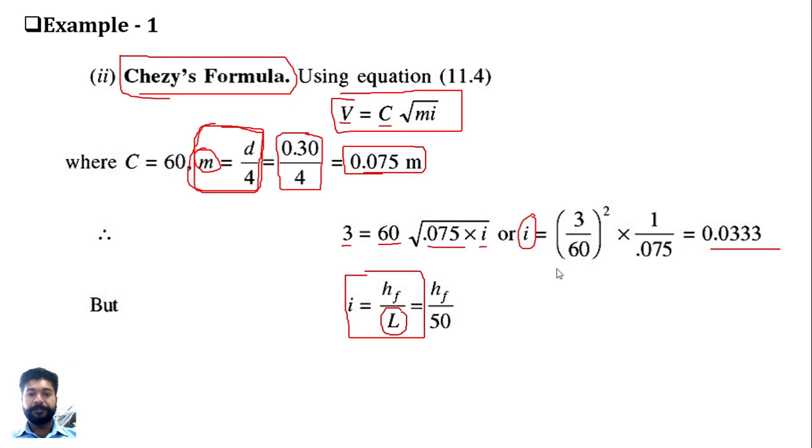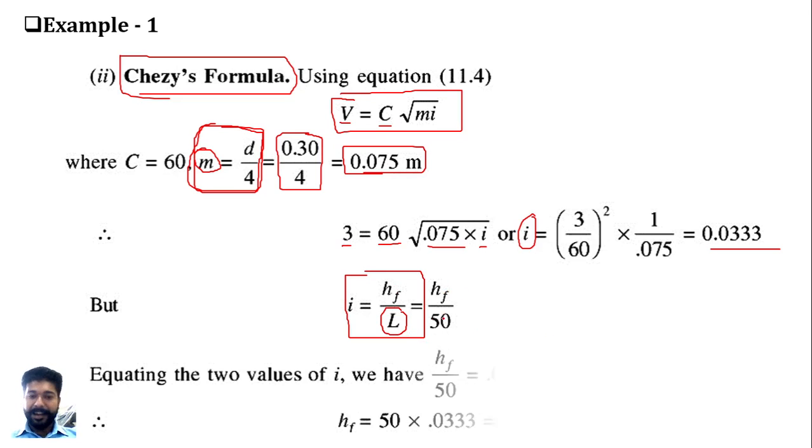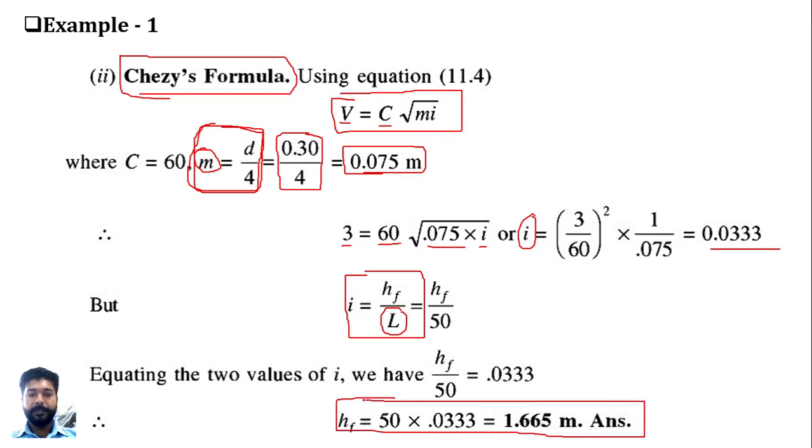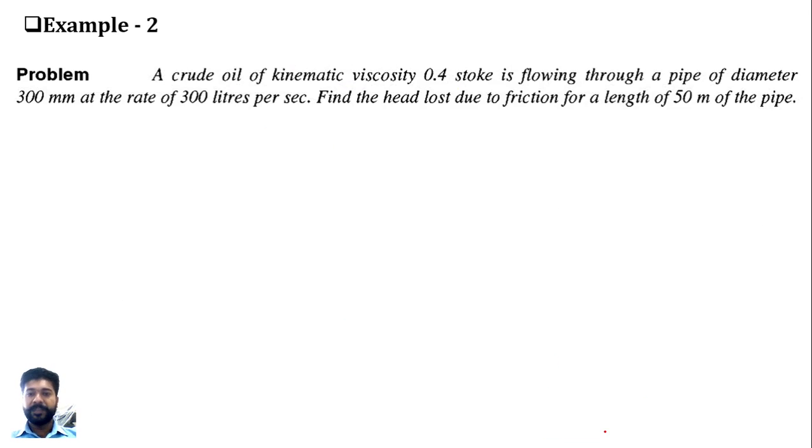So hf divided by L, put the value of i and L, we have the value of hf, and that is 1.665 meter. So this is your head loss due to friction by using Chezy's formula.